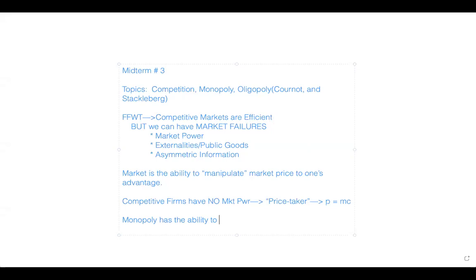And the monopolist has the ability to charge a price that's greater than marginal cost.